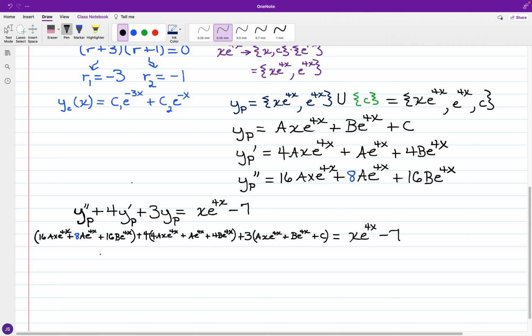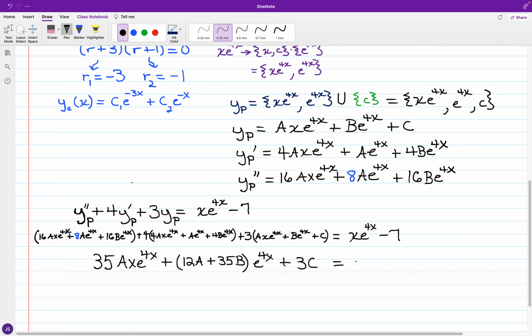If I combine like terms, we have 35axe to the 4x, and for just e to the 4x, we're going to have the quantity of 12a plus 35b times e to the 4x, and we have 3 times c as the standalone constant term.